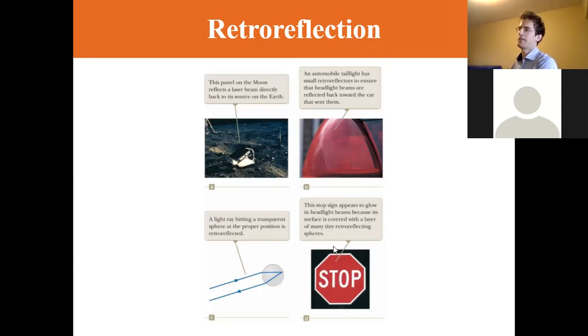So you get to see the stop sign quite easily. It's not quite a mirror, since it doesn't reflect the surroundings, but it reflects light in such a way that it makes the surface shiny.